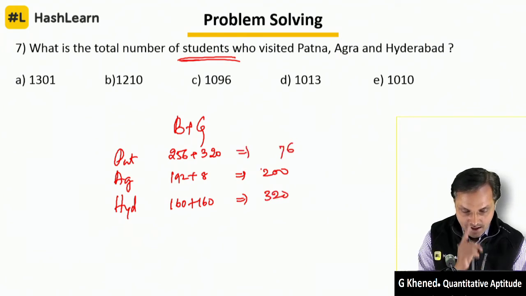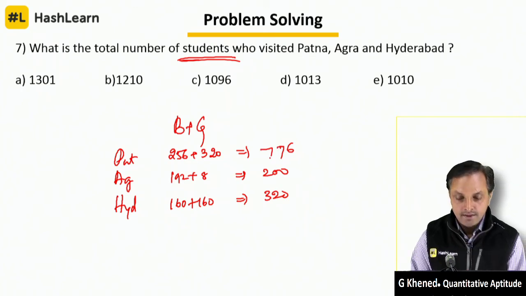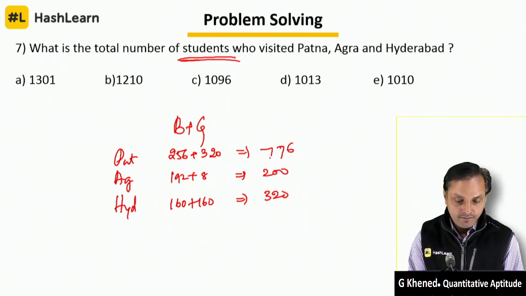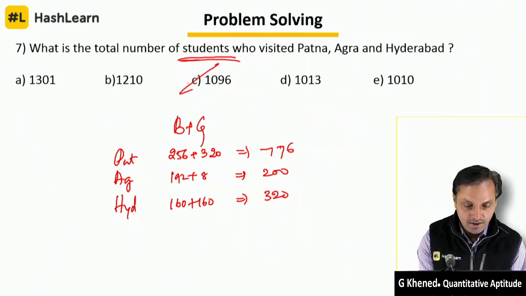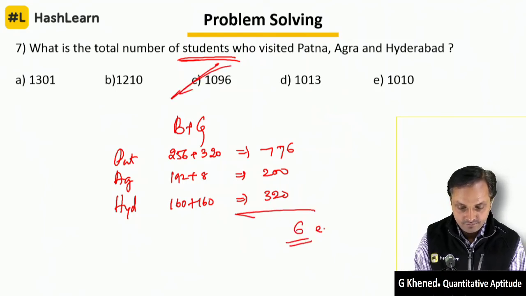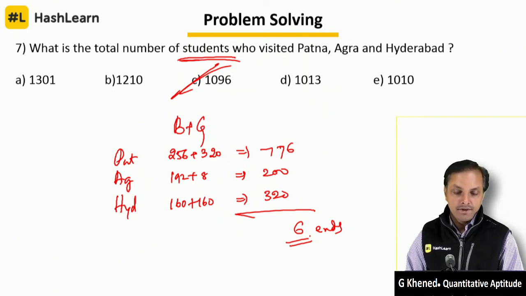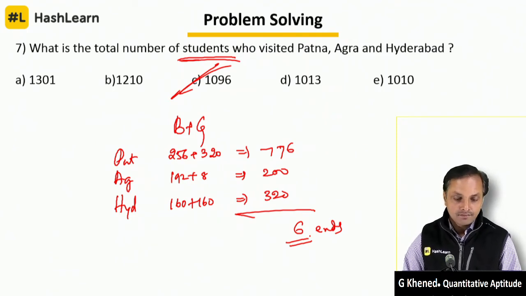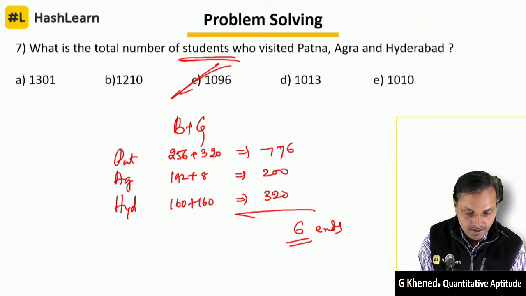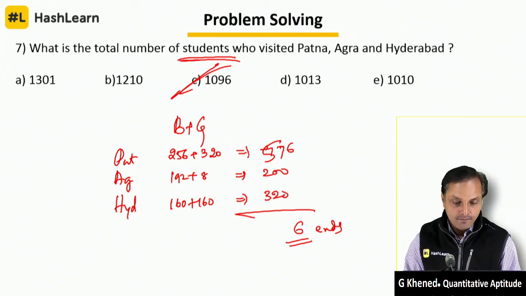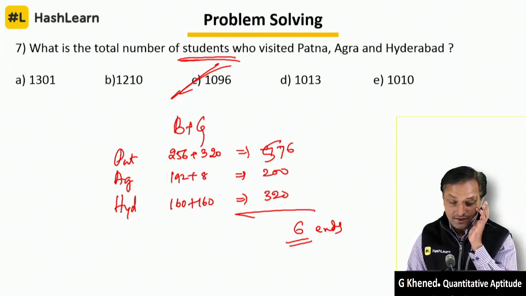So that should be ending with 6. There is only one option ending with 6. That is your answer. Oh, sorry, this should be 5. 576, that is.